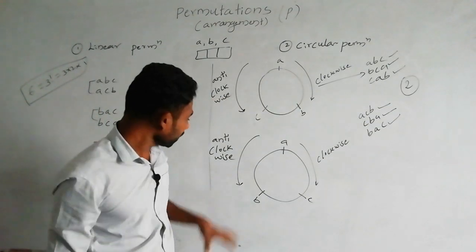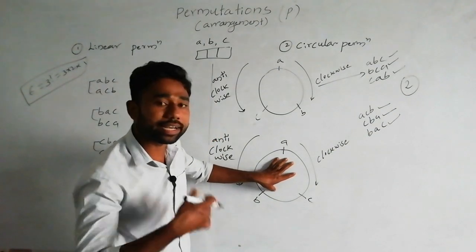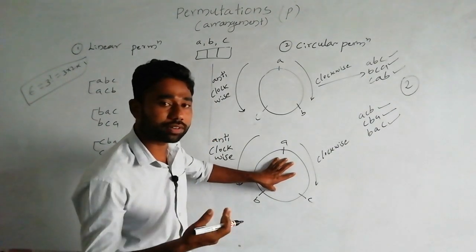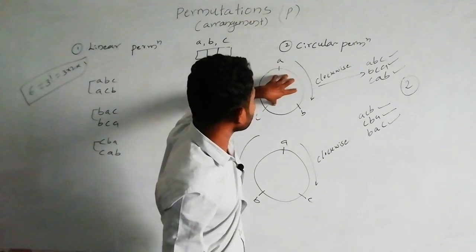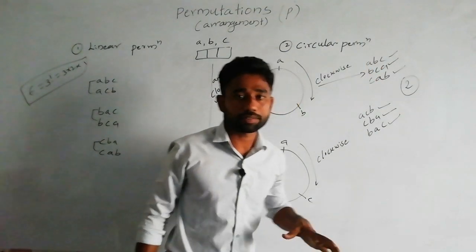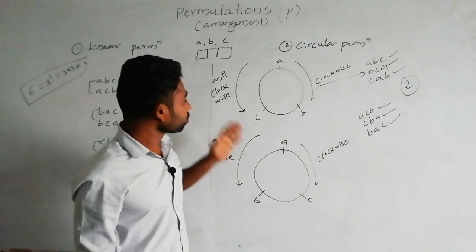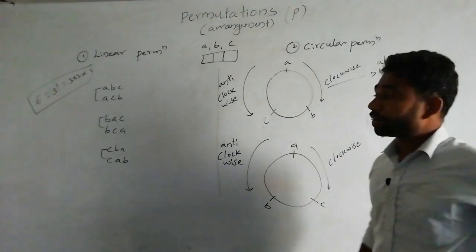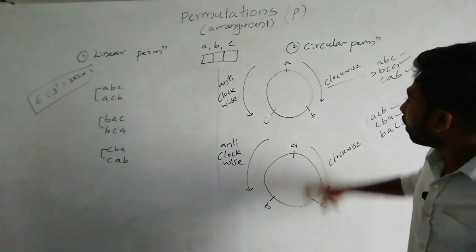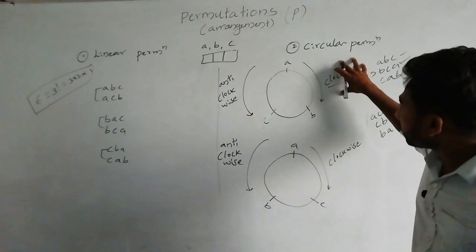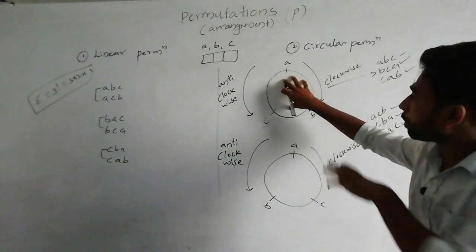It means the anti-clockwise of the second circular permutation is equal to the clockwise of the first circular permutation.